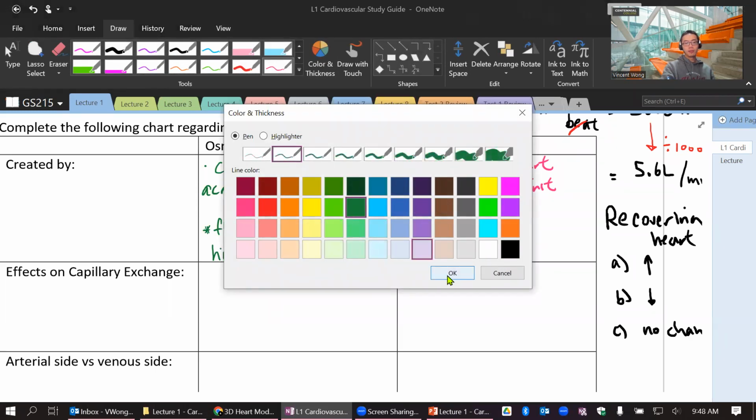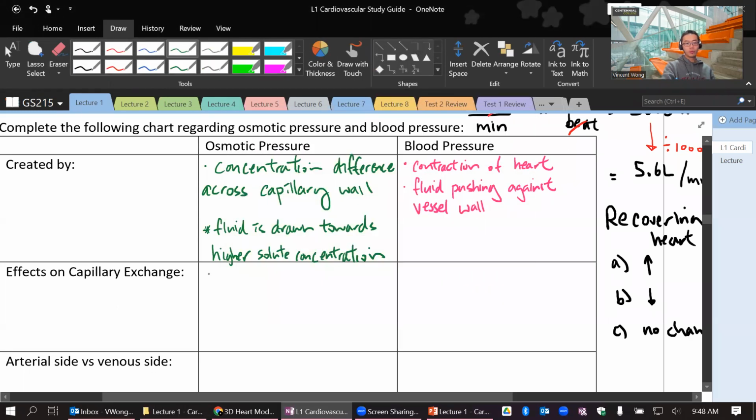Hopefully, if you think back to the diagram we drew, you would know that the effect of osmotic pressure on capillary exchange is that it will draw fluid into the capillary. When I say fluid, I'm talking about mostly water, but with stuff that is dissolved in it as well.